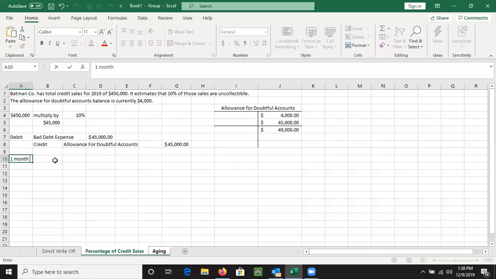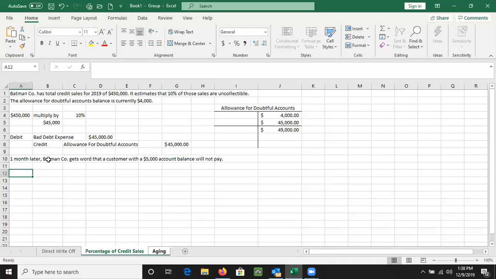Say it's 1 month later, Batman Co. gets word that a customer with a $5,000 account balance will not pay. The journal entry for this is kind of already started. Since we're using the allowance method, we already made an estimate of how much won't be paid right here.